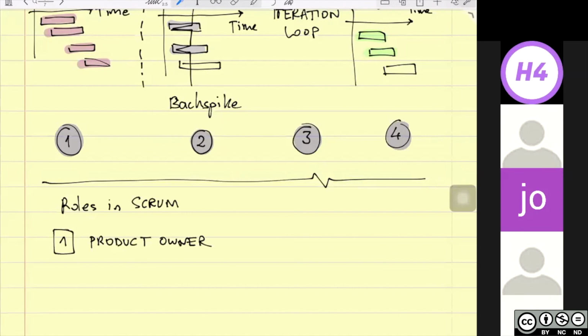The product owner is the one in charge of the business side of the project.